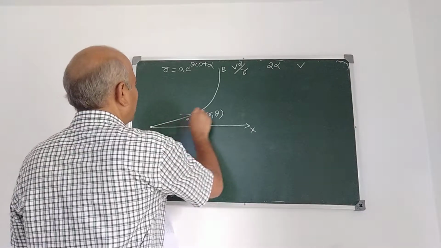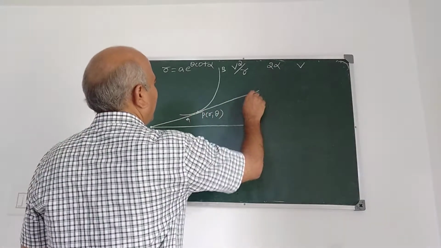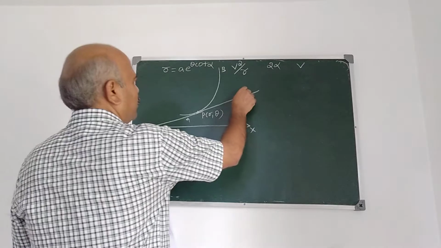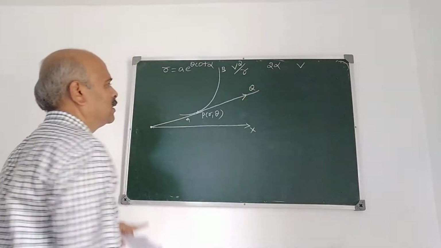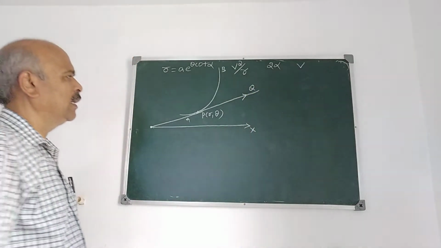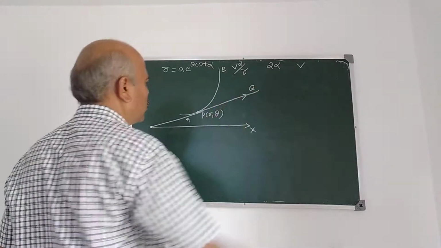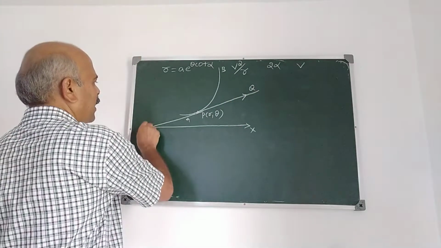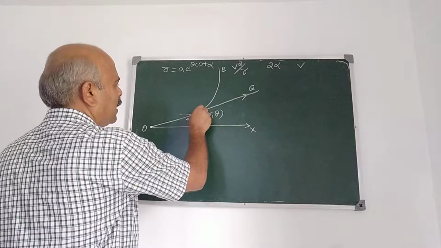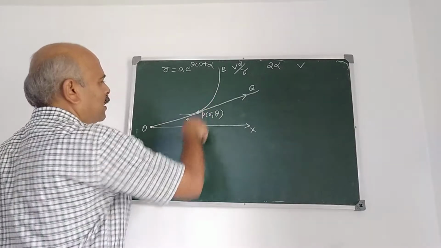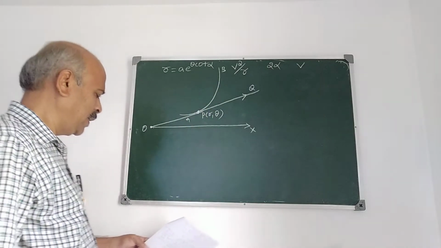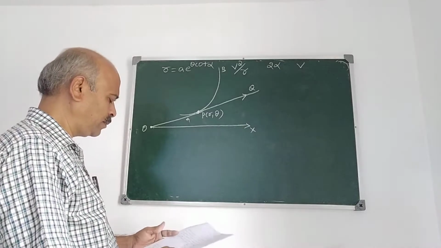Join this. OP is the radius vector and it is like this. We extended OP to Q. OP is the radius vector. Coordinates of P are r theta. Suppose the particle at the time interval t be at the point P.